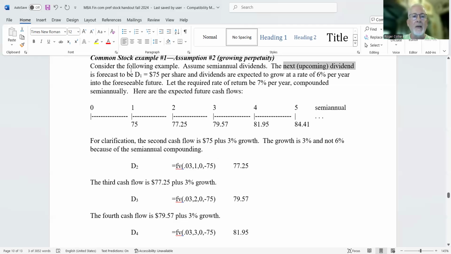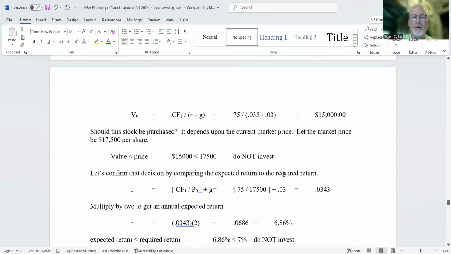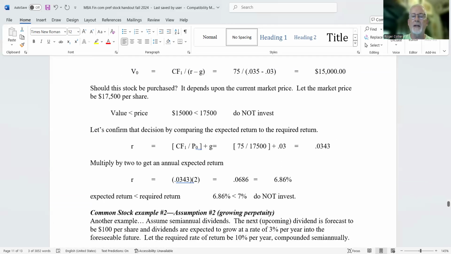And I call it D1 because that 1 on the timeline is the next one. Okay? Our growth rate is 6% a year, compounded semi-annually, and our required return is 7% a year. I'm going to go over that in a second and just do the calculation.